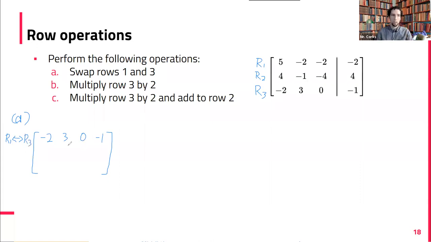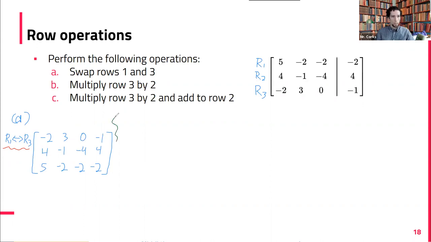We write out on the side what operation we did to get that result. Our row 2 is the same, nothing's happening there: -1, -4, 4. And then our new row 3 was the former row 1: 5, -2, -2, -2. So that's our result. We've swapped those 2 rows.